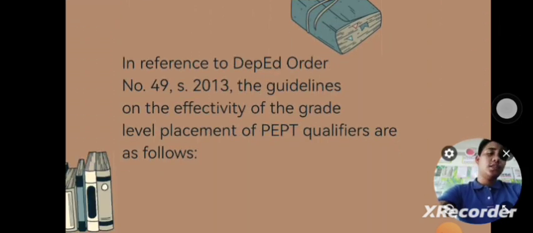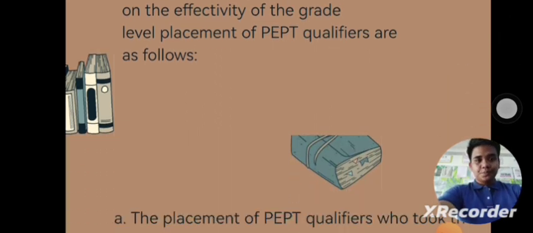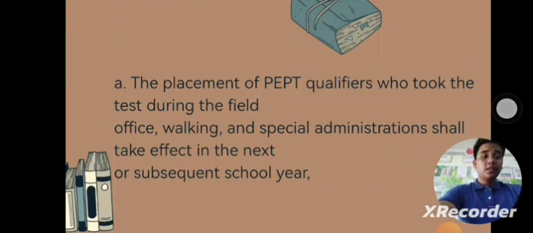Then, in reference to DepEd Order Number 49, Series 2013, the guidelines on the effectivity of the grade level placement of PEPT qualifiers are as follows. The placement of PEPT qualifiers who took the test during the field office, walk-in, and special administrations shall take effect in the next school year.